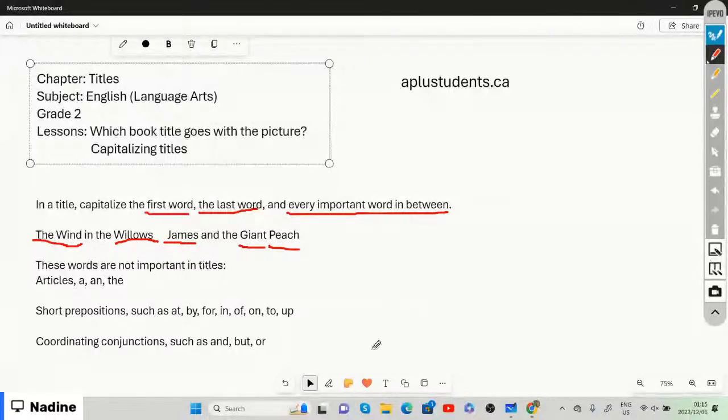So once again, before we continue, when we capitalize titles, the first word, the last word, and every other word in between are important. But articles are not important, articles such as a, an, or the.